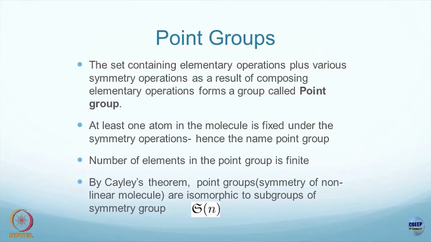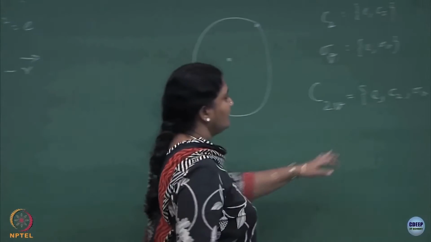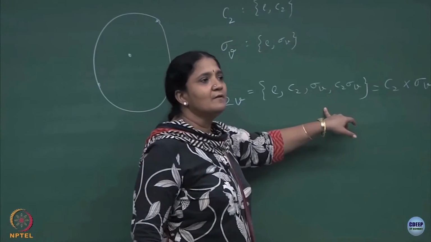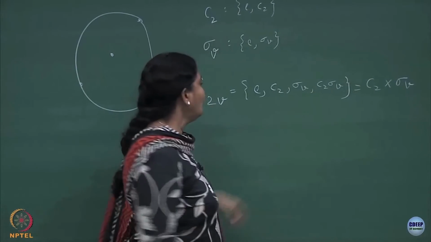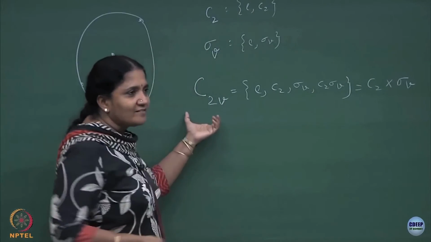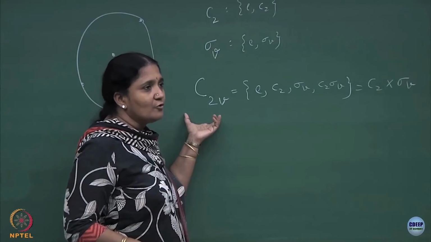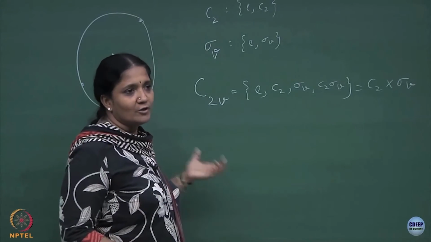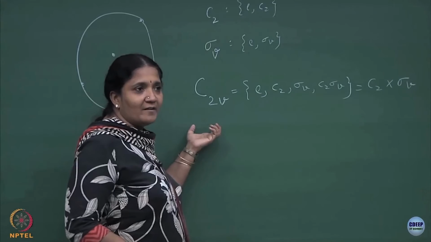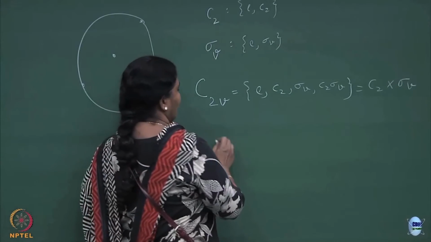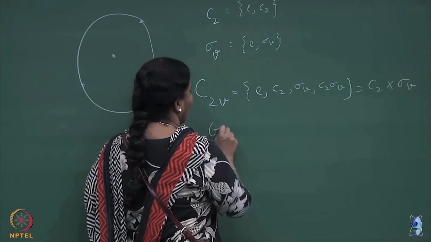So, this set which you are constructing is a finite group, and this finite group, for example, is for a molecule I took, the water molecule, but you can write different group symmetries for many molecules, and this we call a point group.